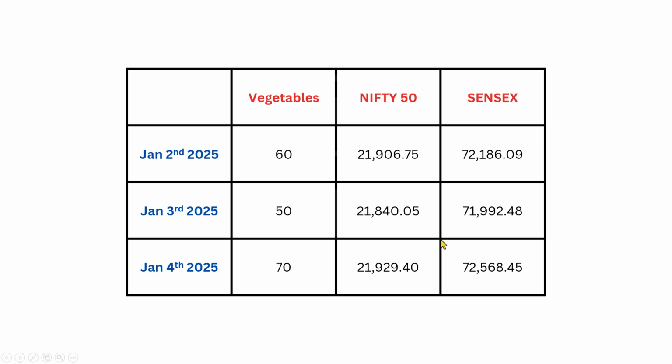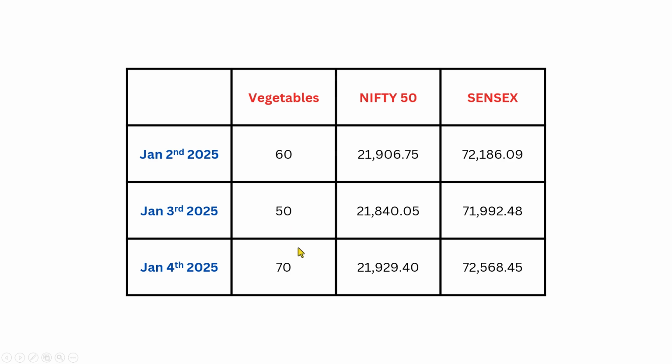Now looking at these values, your mother comes to know that on January 2nd, it was 60 rupees. And on January 3rd, it has reduced to 50 rupees, which is good in the case of buying vegetables for us consumers.